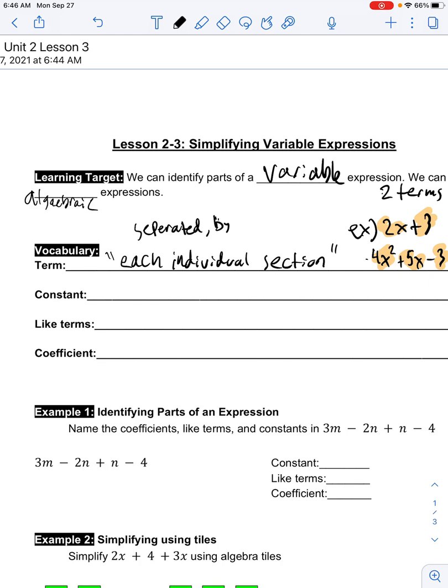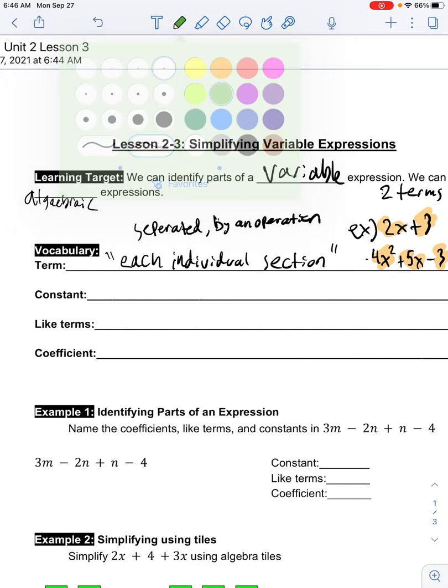It's separated by an operation. That could be parentheses, multiplication, addition, subtraction.